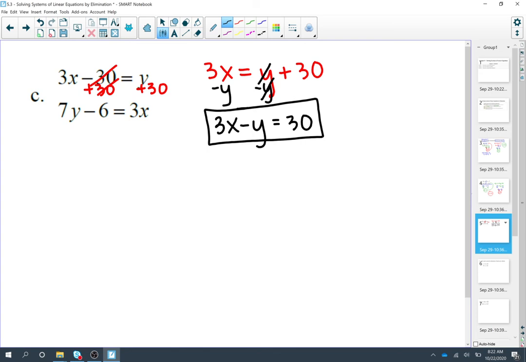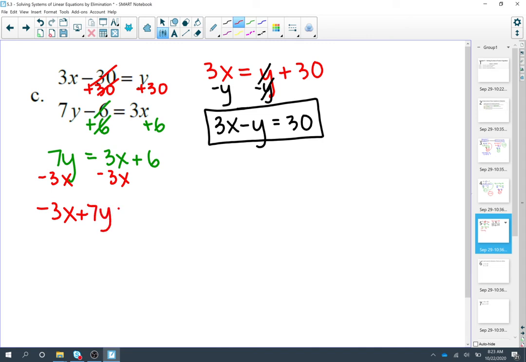And now I have that equation figured out with my x first, my y second, and my constant last. Then I'm going to come to my second equation. I already have my y over here, but I need to flip-flop these. So the first thing I'm going to do is add 6. 7y equals 3x plus 6. Then I'm going to subtract my 3x. I'm going to put the x first, so I'm going to put my minus 3x plus 7y equals 6.